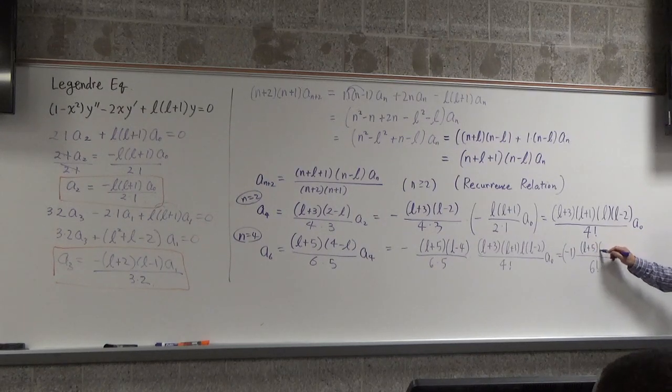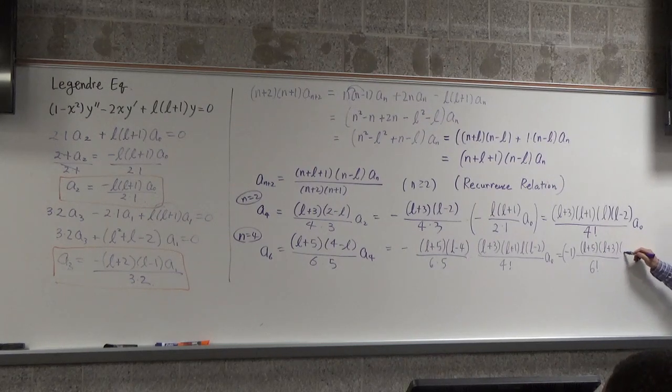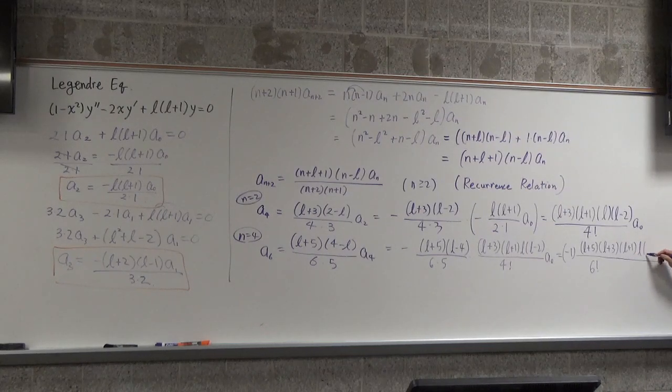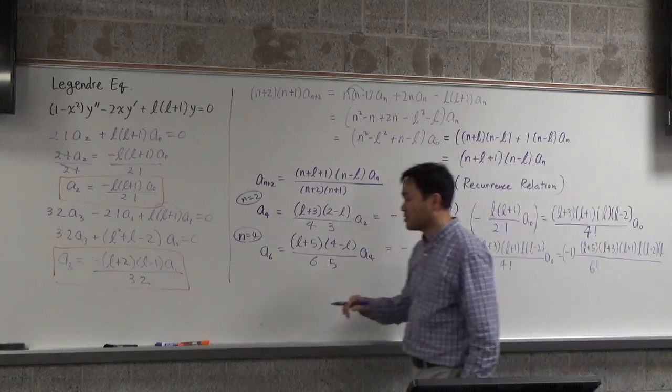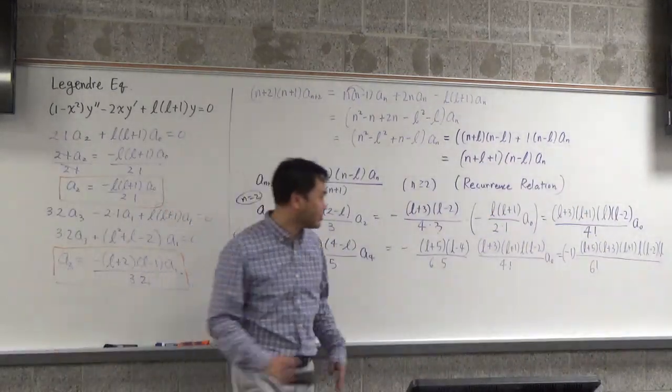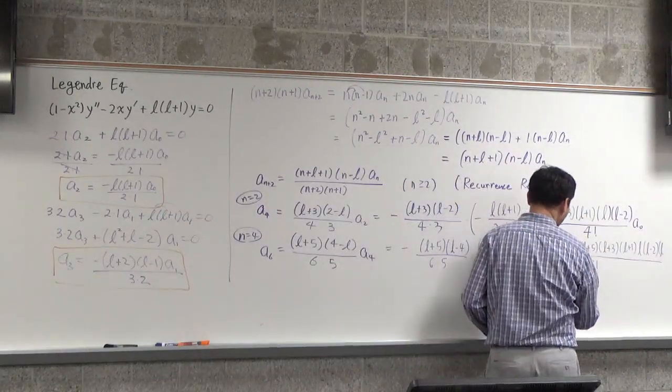So it goes down by 2, right? L plus 5, L plus 3, L plus 1. And then starting from L, you have L minus 2, L minus 4. I'm afraid I don't have any room here, so let me just write right here.